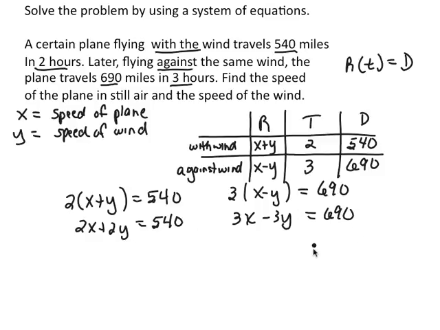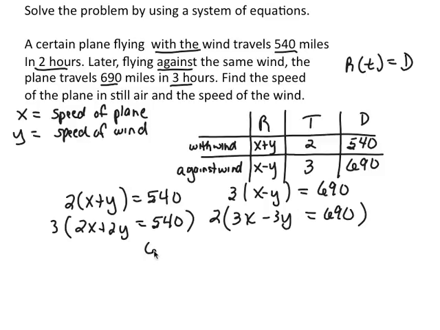Now I'm going to use these two equations to solve this problem, and I'm going to go ahead and use elimination, and I'm going to eliminate the y's. So I'm going to multiply this equation by 3 and this equation by 2.